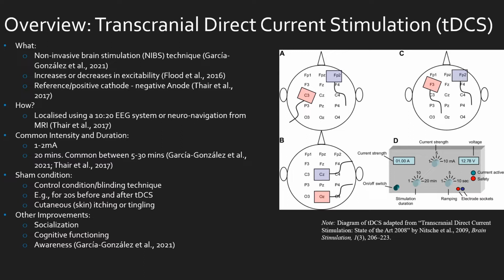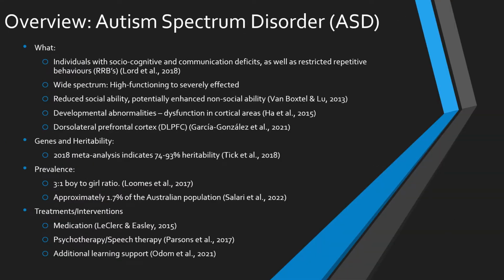TDCS is utilized in treating, enhancing, and reducing a wide range of phenomena associated with cortical areas, including socialization, cognitive functioning, awareness, schizophrenia, chronic pain, and more. Now, autism spectrum disorder, or ASD, comprises an array of individuals with diverse deficits of the socio-cognitive and communicative nature, in addition to being characterized by restricted repetitive behaviors, aka RRBs, and stereotyped behavior.